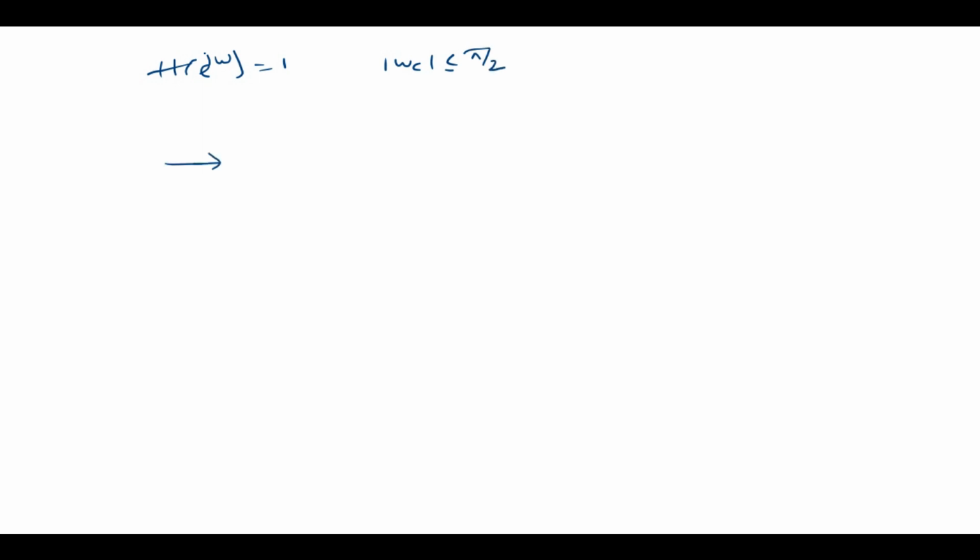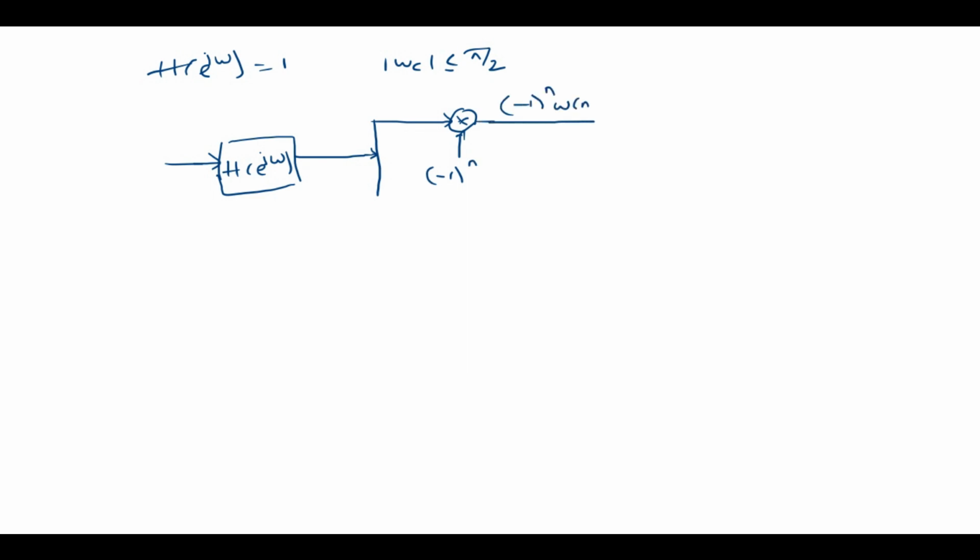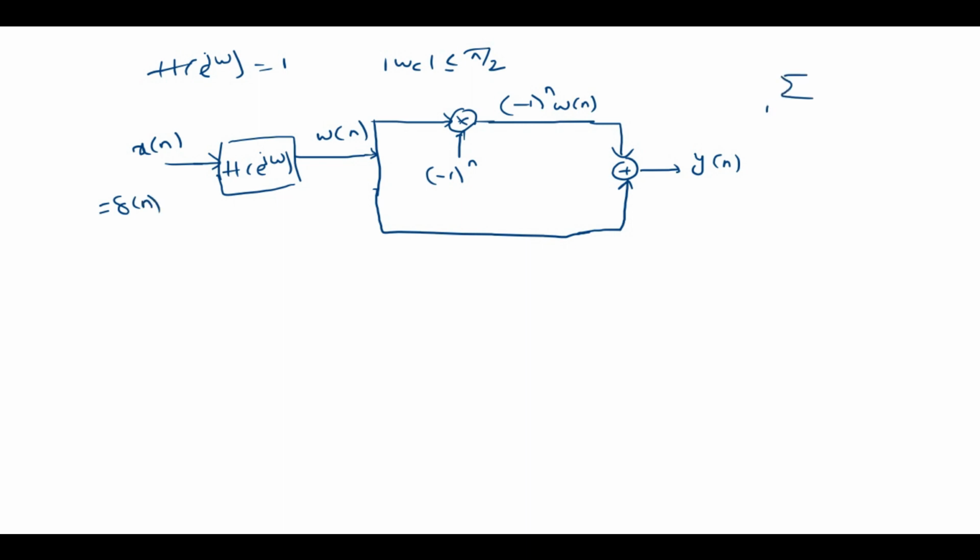The given filter output is multiplied with (-1)^n, which is (-1)^n times w[n], and added to the direct path, where the input x[n] is the impulse signal. They are asking to find the summation over n from minus infinity to plus infinity of y[n].